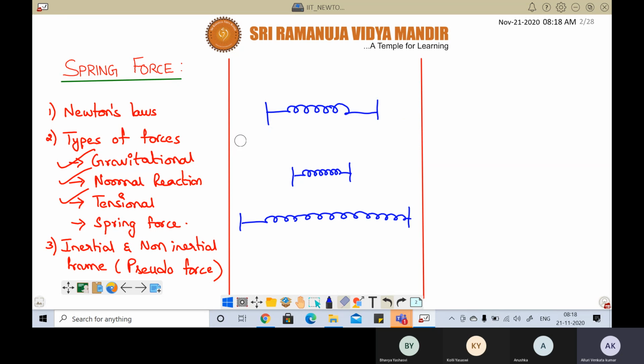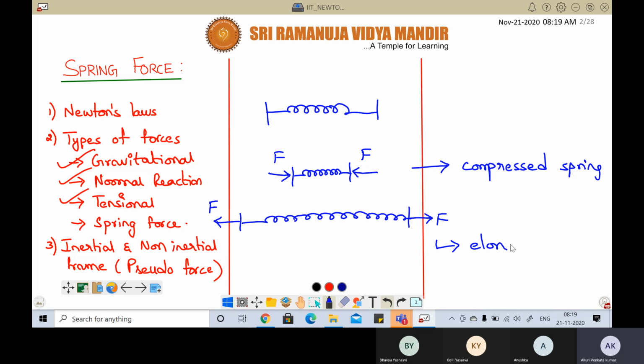So if I apply force like this, that is called a compressed spring. If I apply force like this, that is called an elongated spring.